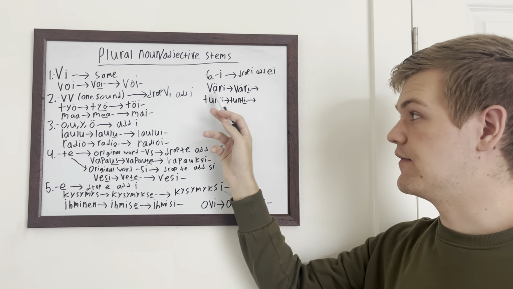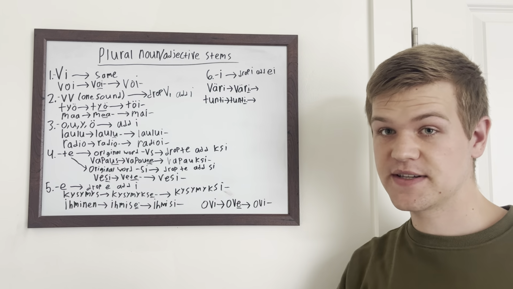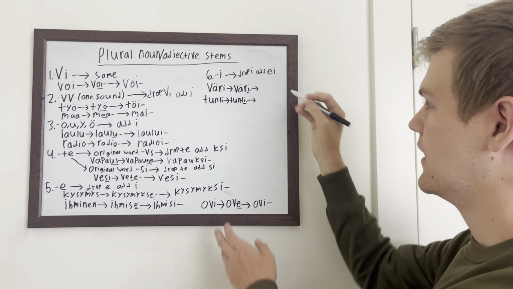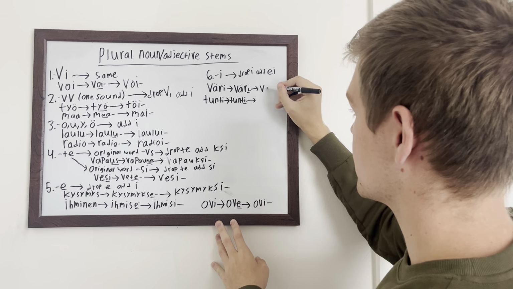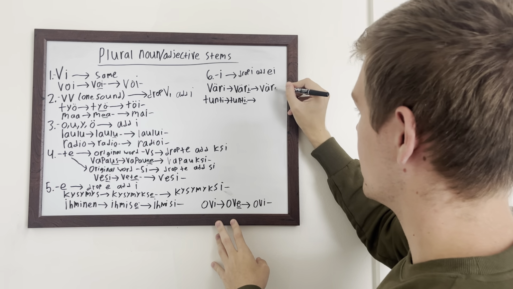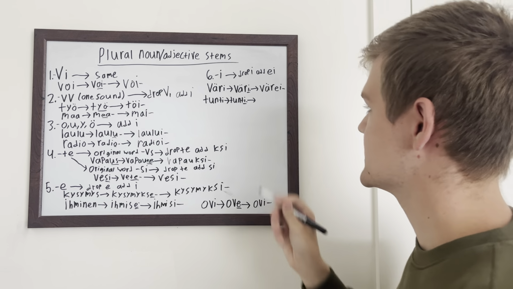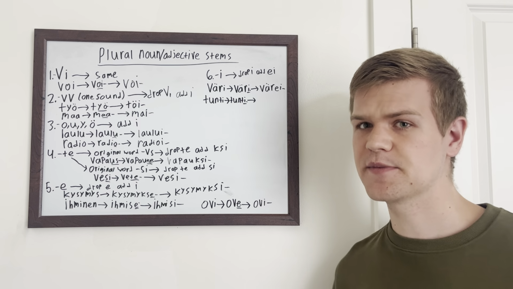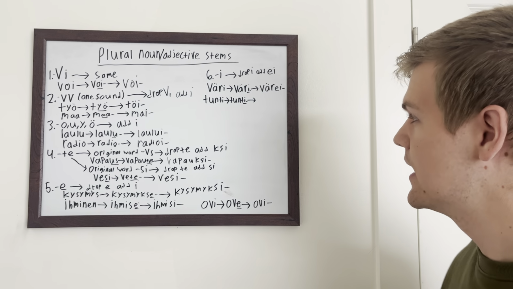So like vari, when its normal stem is just vari. It doesn't end in an E, it still ends in an I. And so to show that it's plural, they go vare. So you just change that I for an EI, or you can just add an E in before if that makes more sense to you, however you want to think about it.